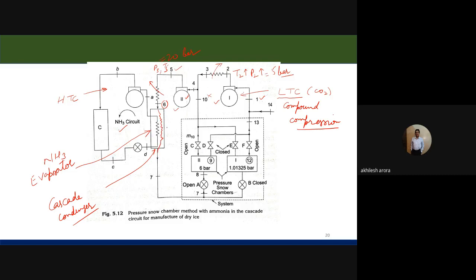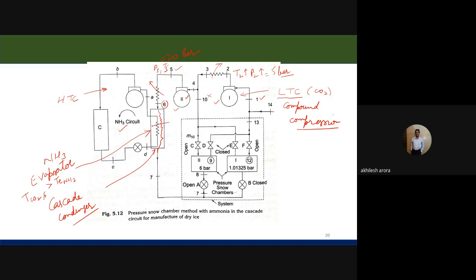If I consider the evaporator temperature here, say TE for ammonia, then this temperature will be less than the temperature of the CO2 at point number 6. Only then will the heat transfer from CO2 to the ammonia take place.